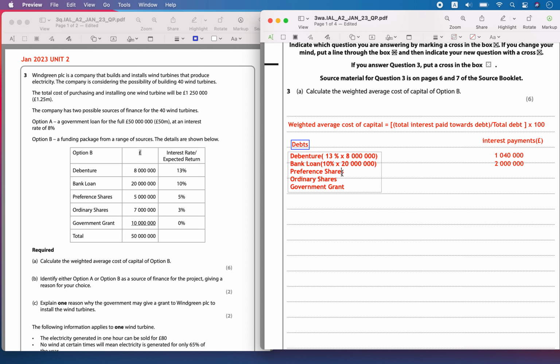Then you have the preference shares, for which you have to pay some interest: 5% of 5 million, that is equal to 250,000. Then ordinary shares: it is 3% of 7 million, so that is equal to 210,000.